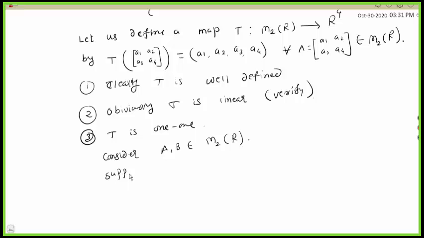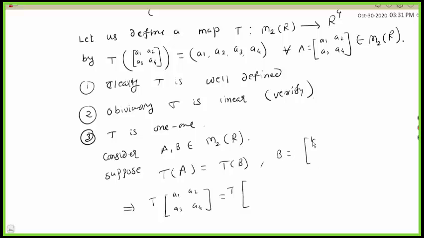Suppose T of A is equal to T of B. T of A means T of the 2 by 2 matrix with entries a1, a2, a3, a4 equal to T of B, where B is the matrix with entries b1, b2, b3, b4 belonging to M2R.